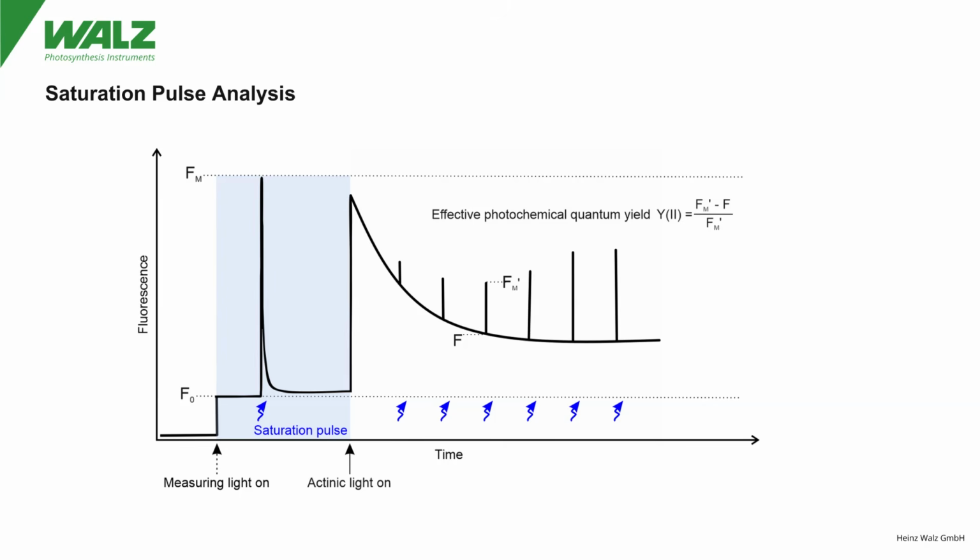The shape of the fluorescence trace reflects the plant's acclimation to the applied light regime. Under sustained illumination, not all excitation energy can be utilized for photochemistry, and therefore protective mechanisms are activated to dissipate excess energy safely as heat. This regulated energy dissipation is referred to as non-photochemical quenching (NPQ).